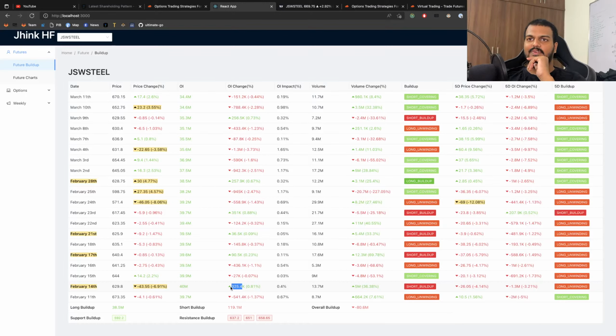It is like barely changed, but ultimately the volume was huge. So whoever was taking a short covering position, they basically turned a short buildup, and the OI was fine.